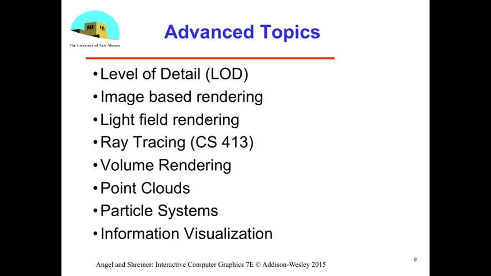Image-based rendering is a very big area now. In some ways, it's kind of going backwards because what you do in image-based rendering is you take a number of images and you try and extract the 3D model from that. In terms of what you may have seen in movies, that came about when you started seeing all these commercials and movies where you saw a person that was frozen and the camera seemed to be moving around the person frozen in motion.